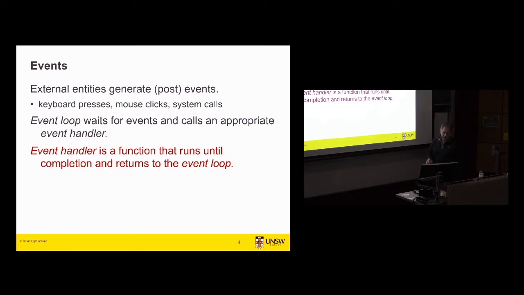And these might be keyboard presses for I/O, mouse clicks, system calls, or interrupts. Okay? Now we have an event loop that waits for events and calls the appropriate event handler. This is kind of about the level that I described it in the early OS course. And the important restriction here on event handlers is that the event handler is a function that always runs until completion and returns back to the event loop. Okay?